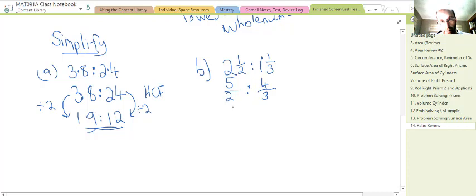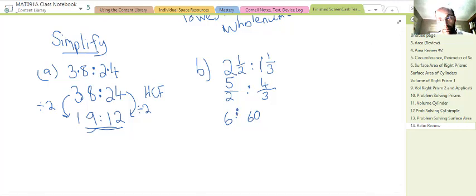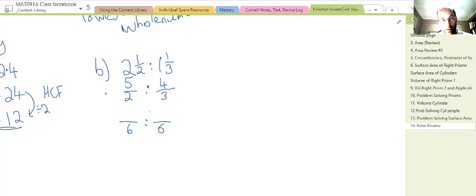We'd like a common denominator between halves and thirds. 6 is the common denominator. From your previous work, you know that 5 over 2 is the same as, well, we multiply the denominator by 3, we must multiply the numerator by 3. 5 times 3 is 15.